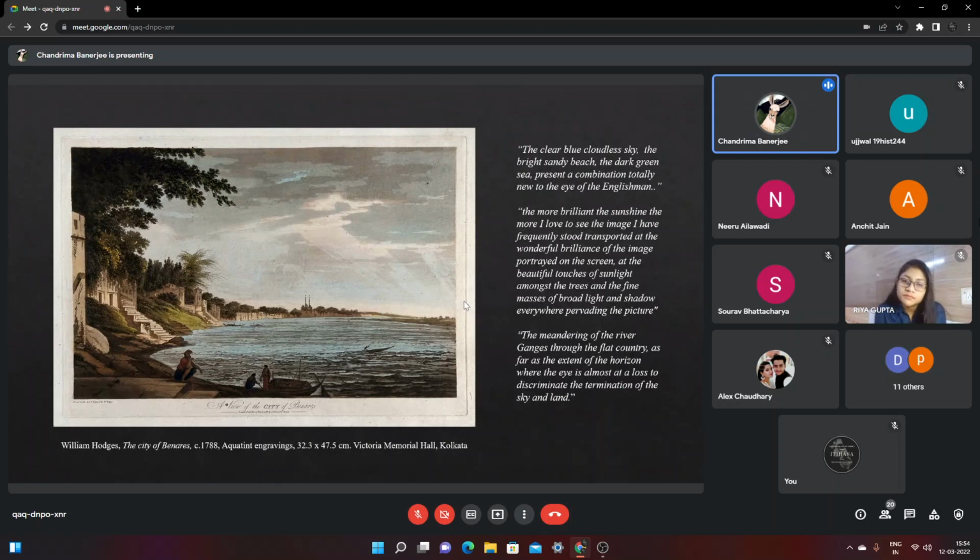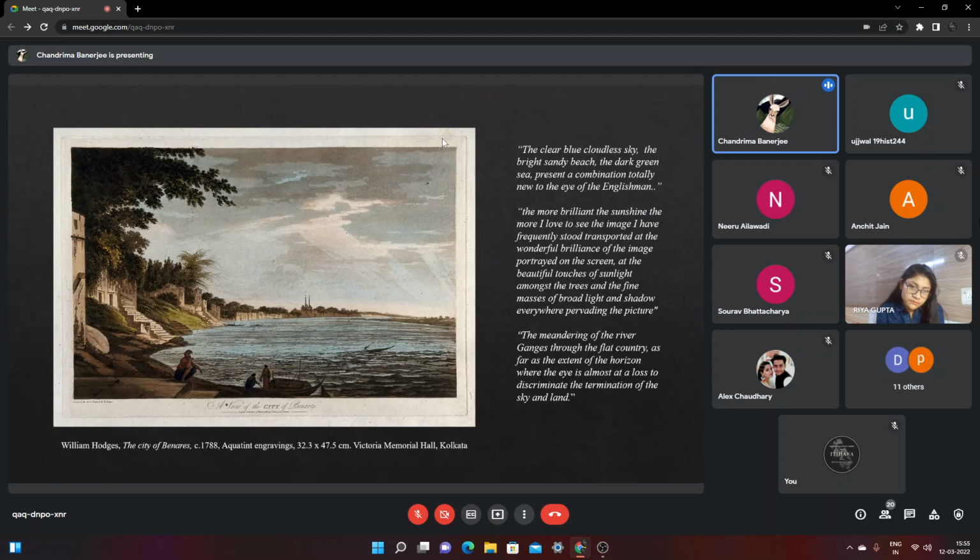And talking about the artistic and the aesthetic analysis of the composition, it is a horizontal composition with river Ganga meandering in a curve along the Lalita Ghat, the Jalashai Burning Ghat, and the Manikarnika Ghat. You can also see the two minarets of the Alamgir Mosque towards the horizon.